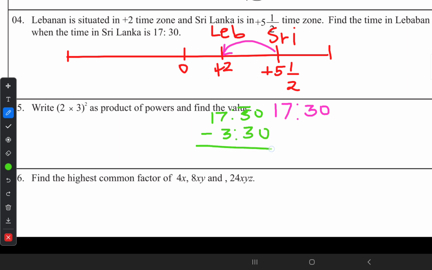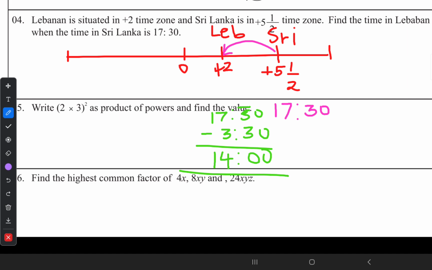When you subtract, you will receive your answer as 14:00. That would be the time at Lebanon. When the time in Sri Lanka is 17:30, at that exact time in Lebanon it would be afternoon 2 p.m., that means 14:00.